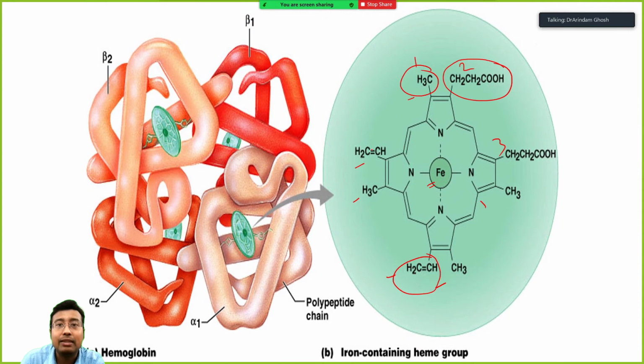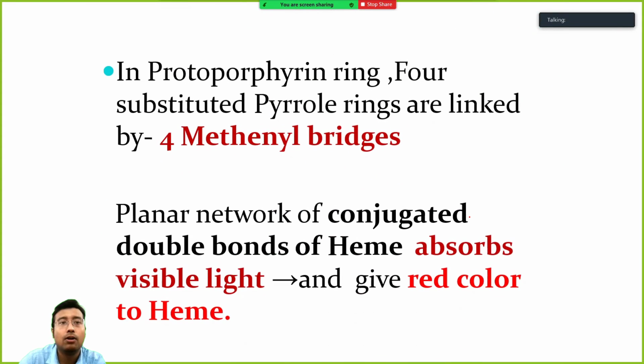In a protoporphyrin ring, 4 substituted pyrrole rings are linked by 4 methynyl bridges. These are methynyl bridges. A planar network of conjugated double bonds of heme absorbs visible light, and that gives a red color to heme.